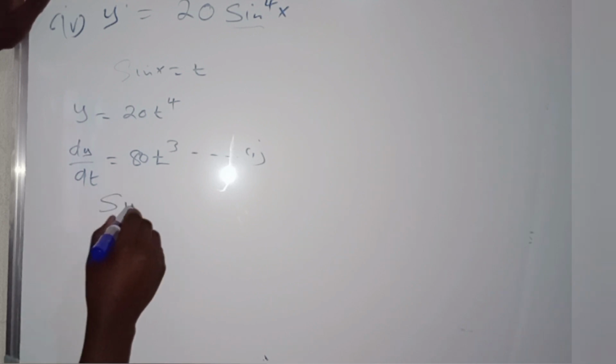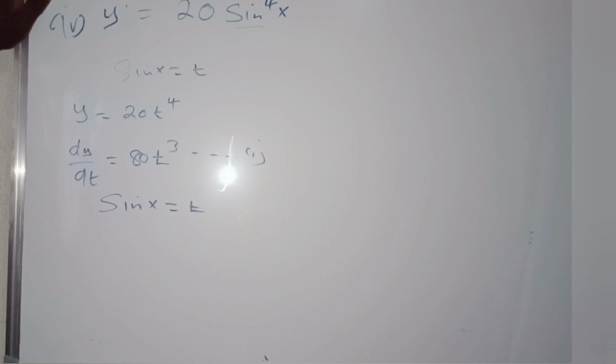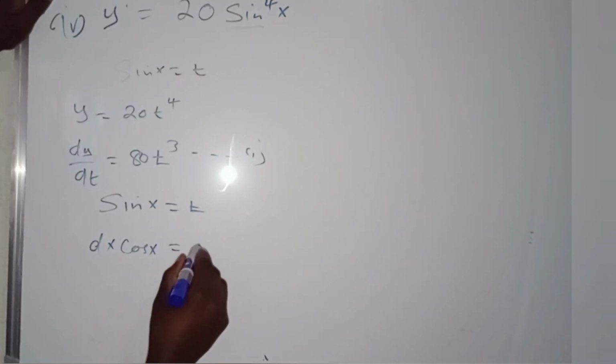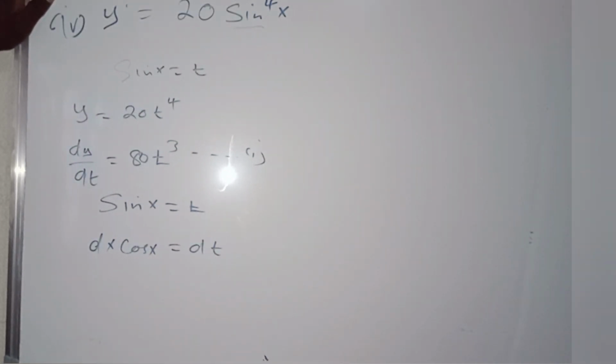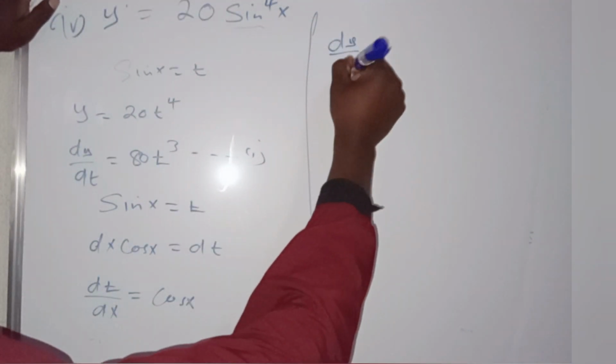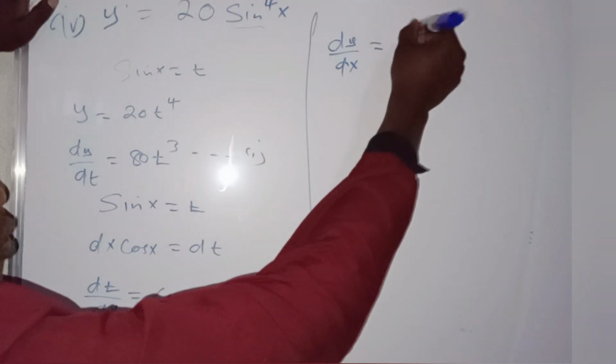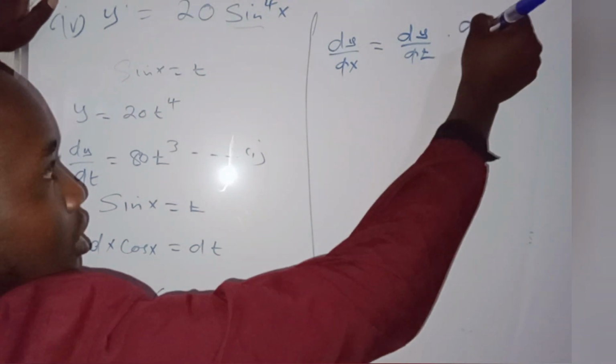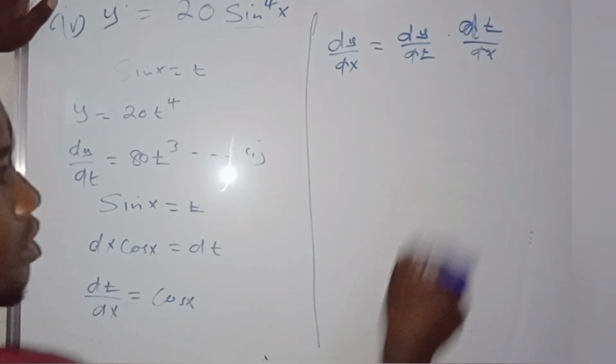And sine x is equals to t. You take derivative on both sides. You have cos x dx is equals to dt. So dt all over dx is equals to cos x. Now you can use the chain rule such that dy over dx is equals to dy all over dt multiplied by dt all over dx.